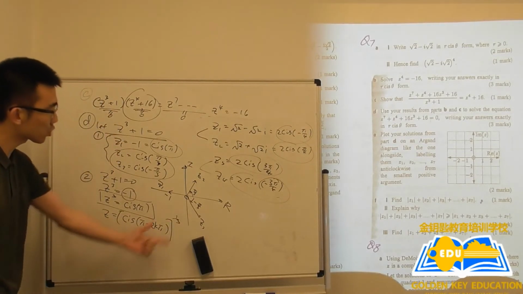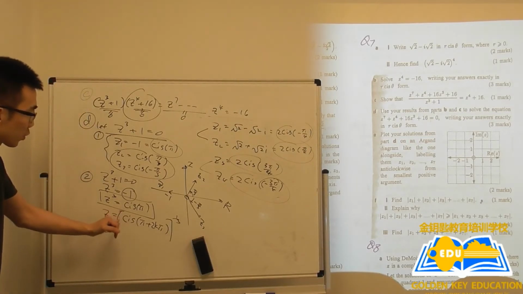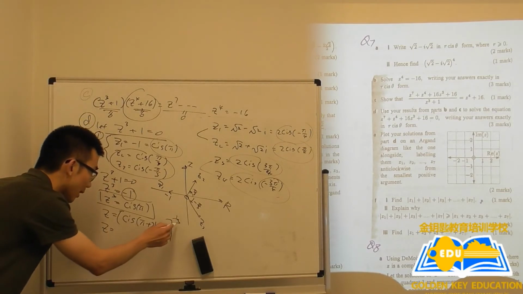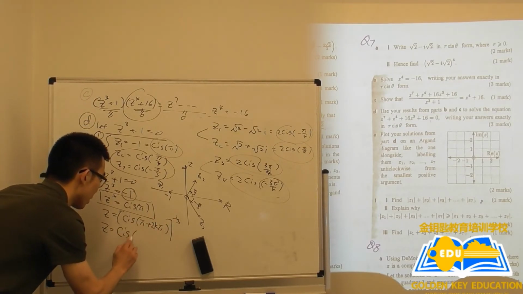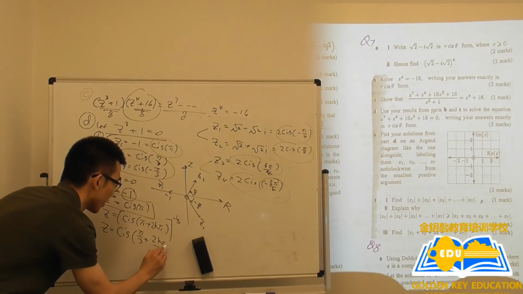Now we can use De Moivre's theorem, very simple. Therefore, z equals the modulus 1 to the power of 1 over 3, which is still 1, and the angle is pi over 3 plus 2k pi over 3.